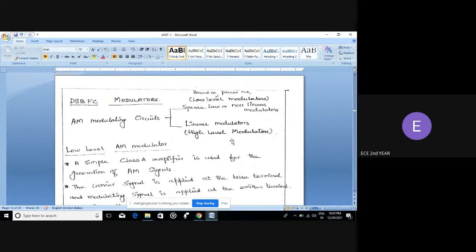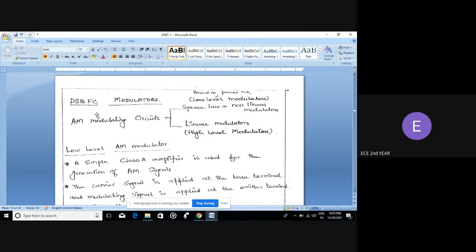Next, we will see the types of AM modulators. There are two types of modulators available: the double sideband modulator and the single sideband modulator.